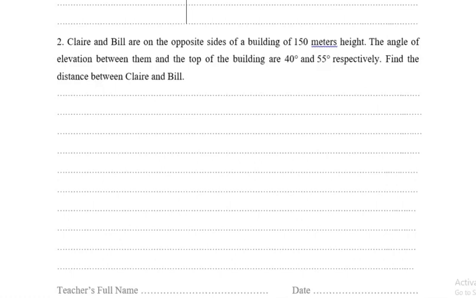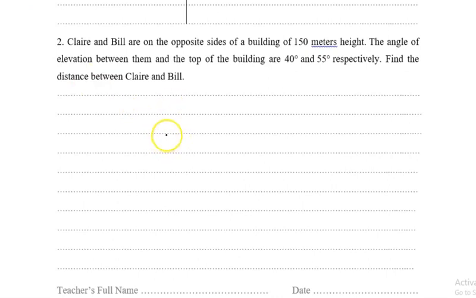Exercise 1.5, Question 2. Claire and Bill are on opposite sides of a building 150 meters high. The angles of elevation between them and the top of the building are 40 degrees and 55 degrees respectively. Find the distance between Claire and Bill.